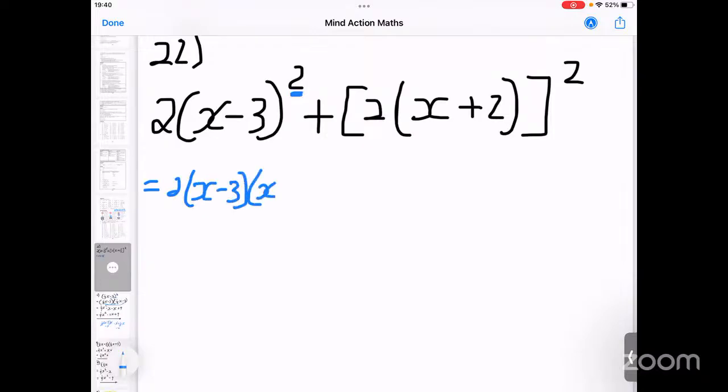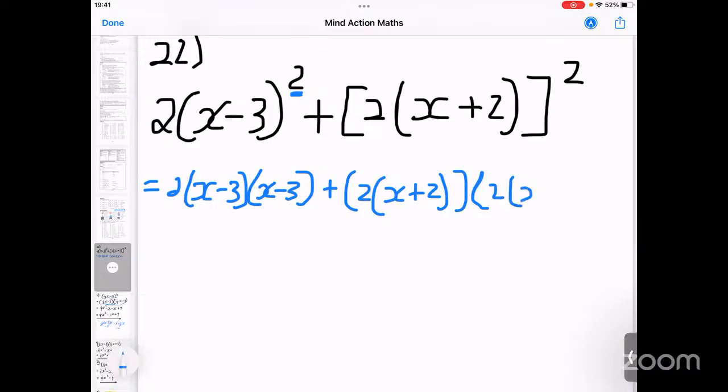Then she will do that 2 times, then plus, she is therefore going to do this thing of 2x plus 2. She's going to do it 2 times because squared means 2 of exactly the same thing.